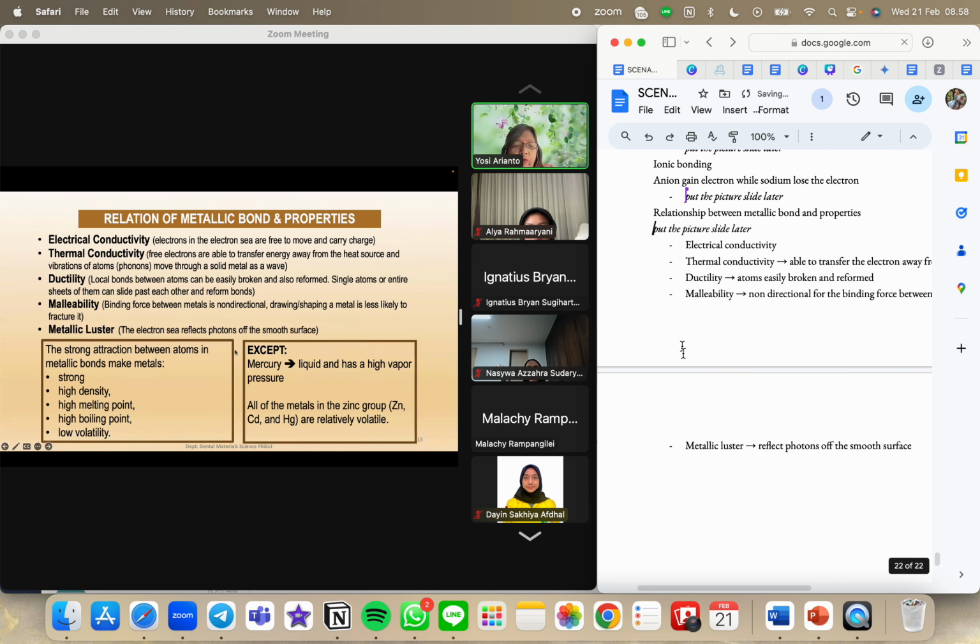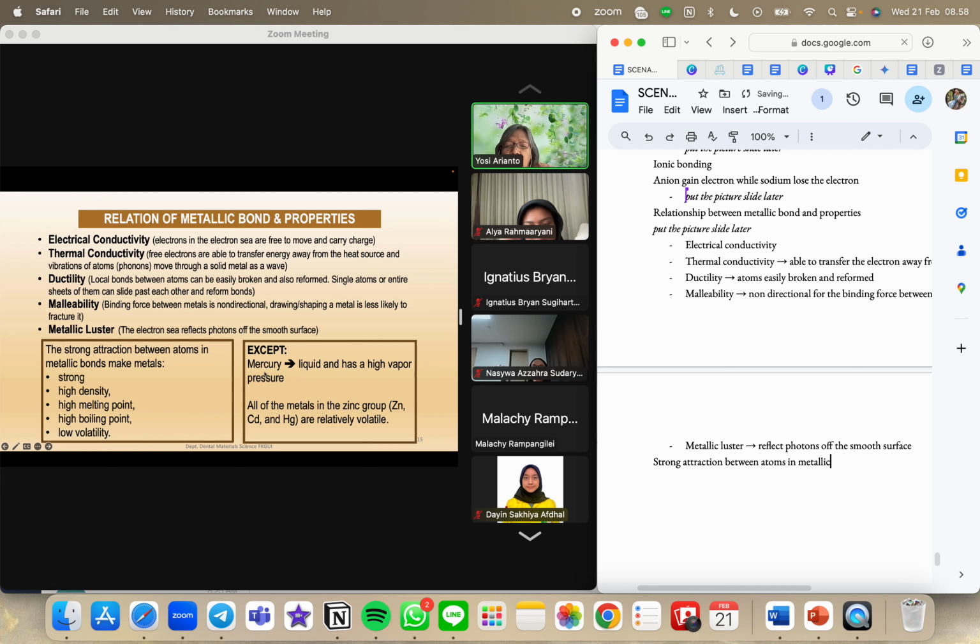So the strong attraction between the atoms in the metallic bonds makes metal strong. They have high density, high melting point, high boiling point, and low vapor pressure. This is true for all metals except mercury.